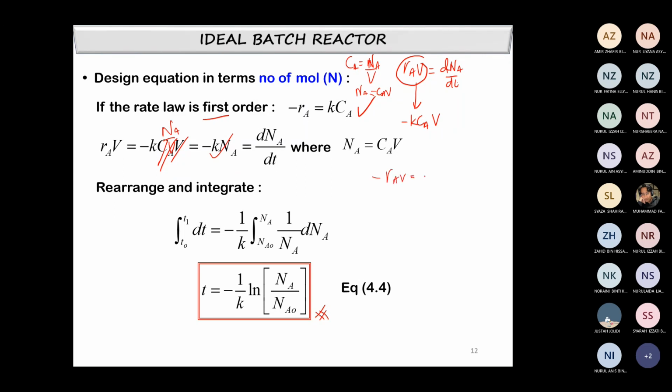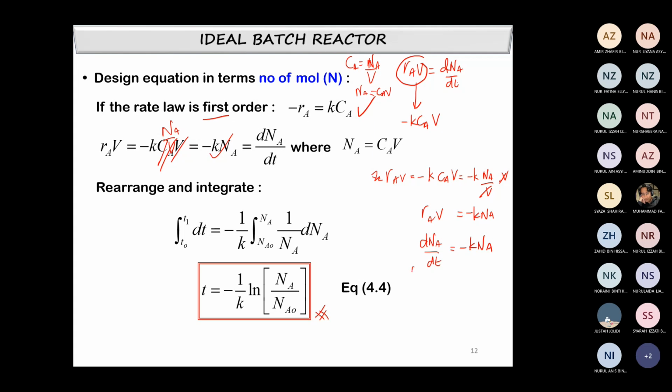So we have negative rAV is equal to negative kCAV, which is equal to negative kNA over V times V. So it becomes negative kNA. Sorry, I said it wrongly. So from here we remember what rAV is. rAV is dNA over dt. So just replace it, dNA over dt is equal to negative kNA. So integrate in terms of number of moles of A and also t.